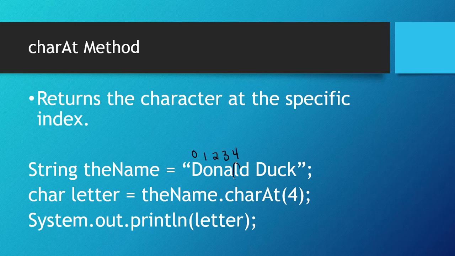It looks like the char letter will be storing an L, and thus I would print out an L. So charAt allows you to get a very specific character at a specific index, and you need to know the number of the index that you want.